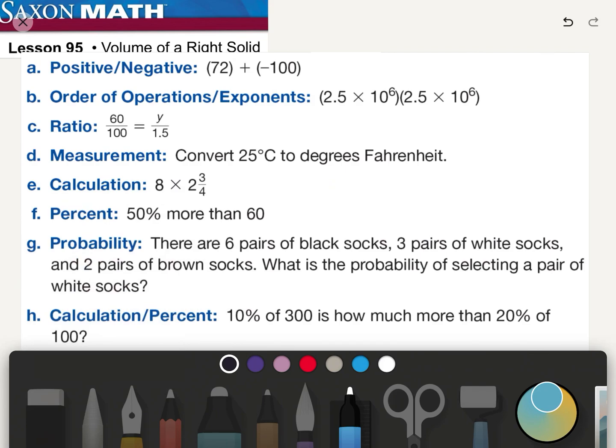Right, 50% more than 60. We just did that up here. Essentially, half of 60 is 30, so 30 plus 60 is 90. Oh boy, I love these.